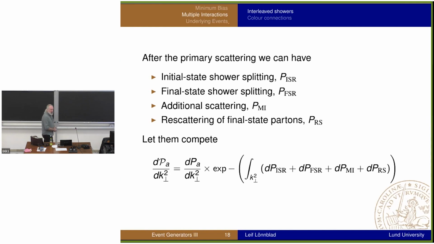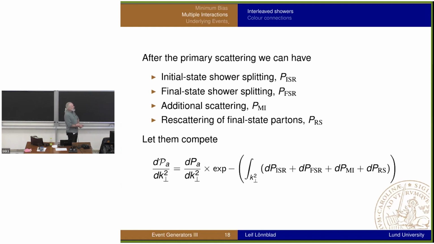So we let them compete and say that, well, whichever of you comes up with the hardest thing, you get to go first. And again, we have this beauty of ordering that the no emission probability exponentiates and factorizes for each channel.